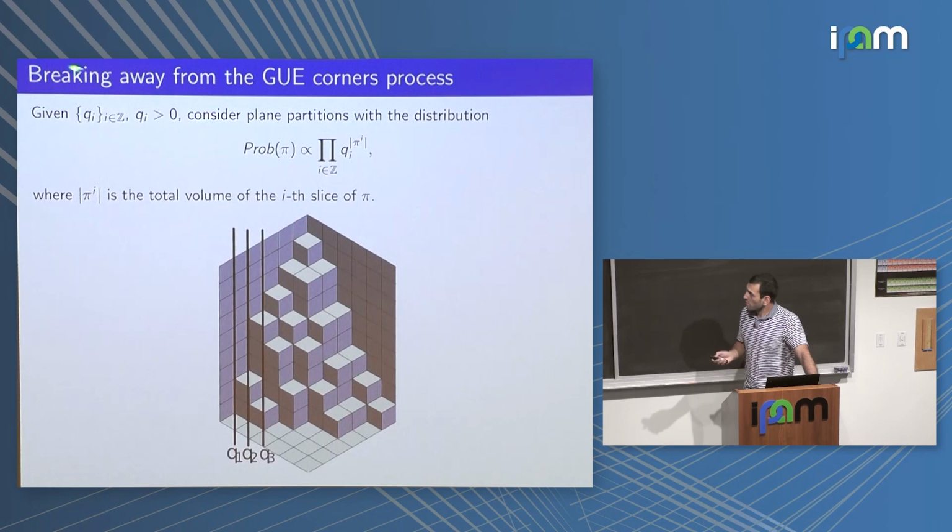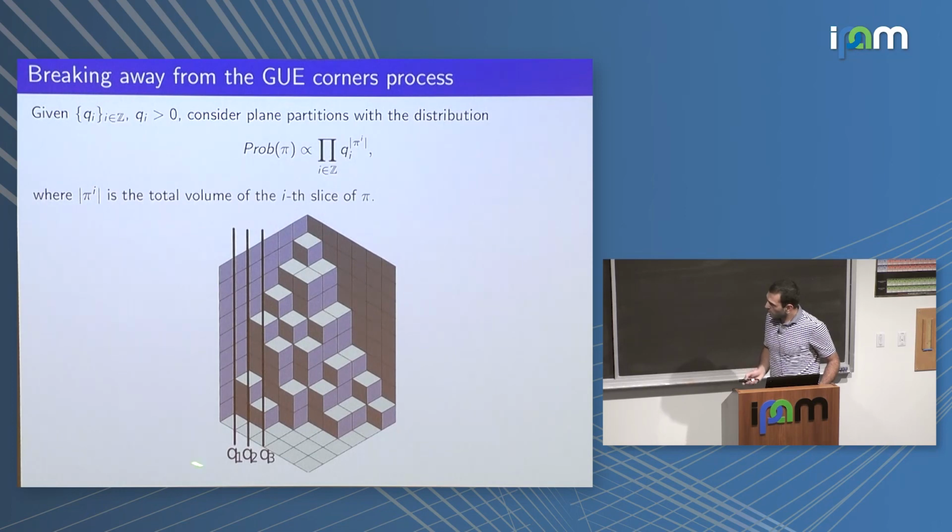But as I said, we're going to modify the measure. So what we're going to consider is measures that look like this. The probability of a configuration is a product of some q_i raised to π_i, where you have these parameters q_i. Earlier I said we're going to give weight q to every box. Now the weight of the box is going to depend on which vertical slice it falls on.